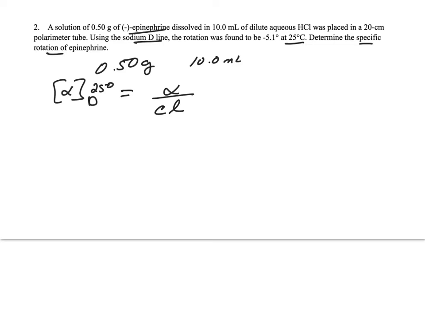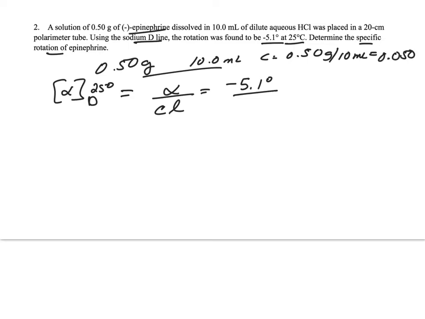And so it tells you the observed is negative 5.1 degrees, and your concentration then would be 0.5 grams divided by 10 milliliters, which ends up being 0.050, and then 20 centimeters for your length.